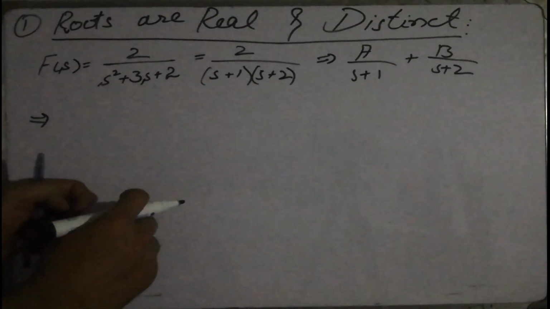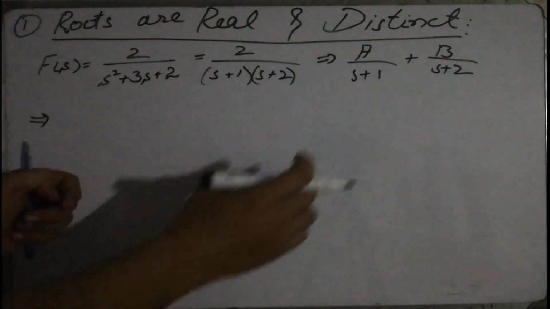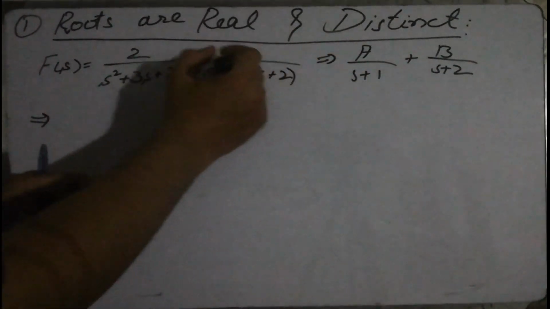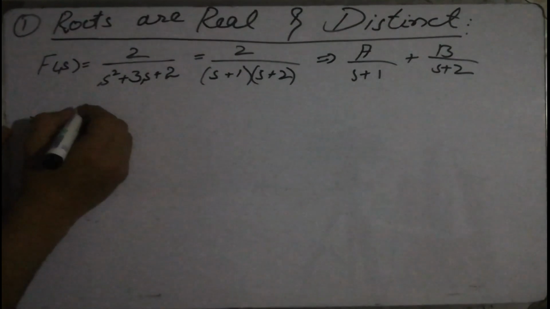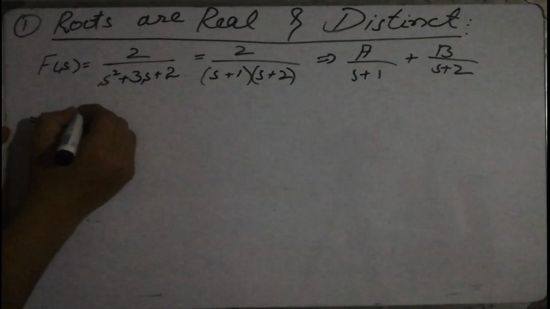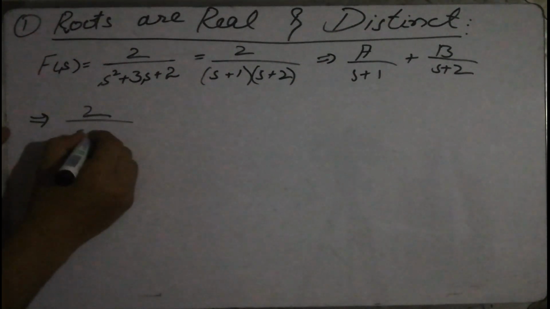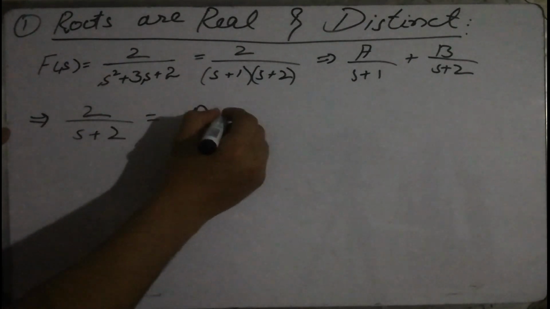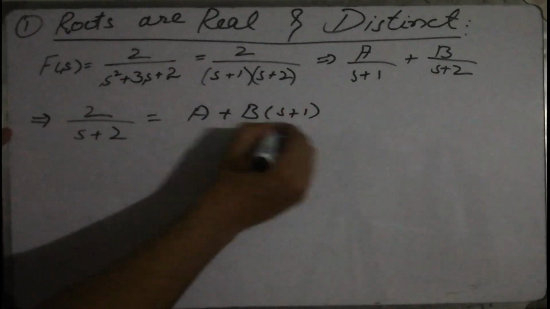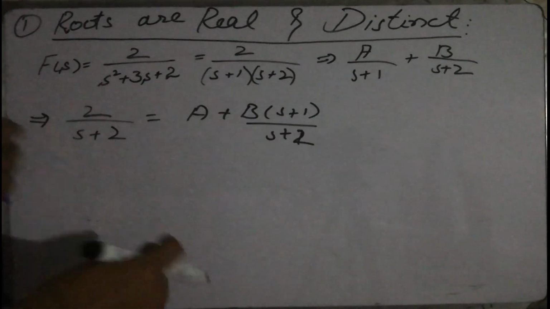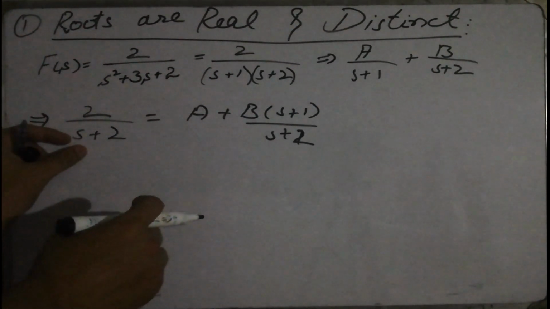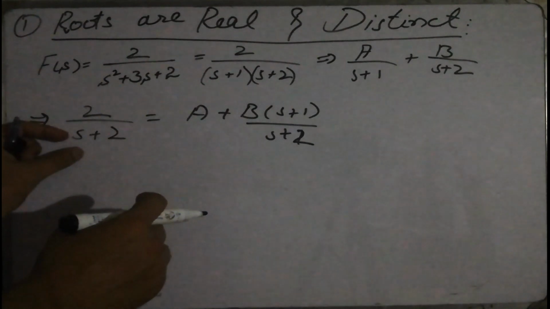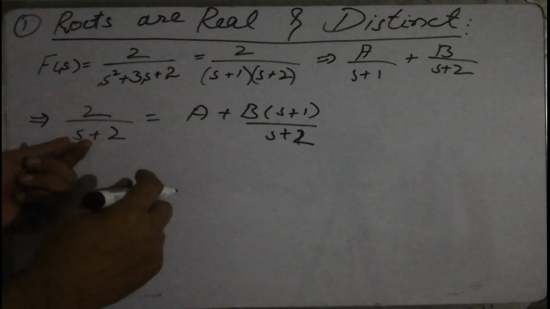For the first case, when the roots are real and distinct, we multiply the whole equation with the first denominator, and that provides us with an equation like this. The second step is to take the first root of the denominator and place it in place of s.